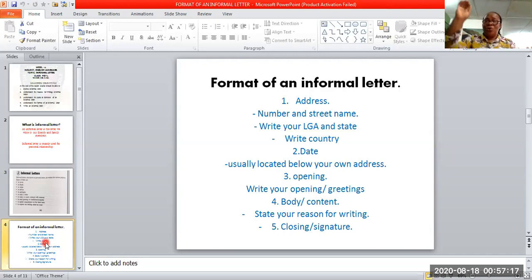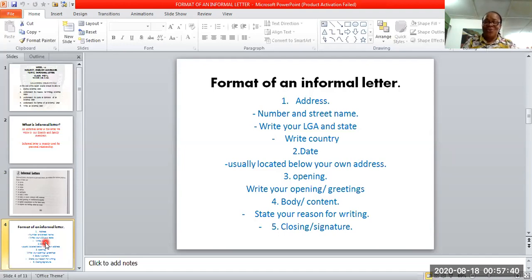So you write your address, the number, the street name. Example, number 6, Omololu Street. Write your local government, Surulere, State, Lagos. Okay?